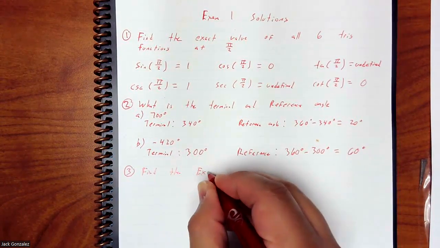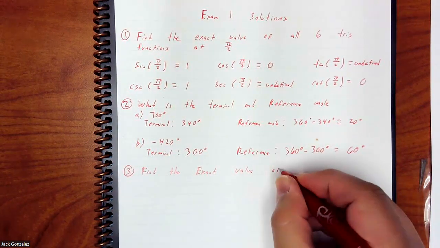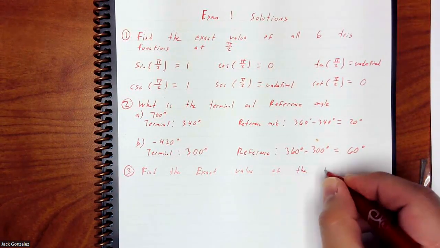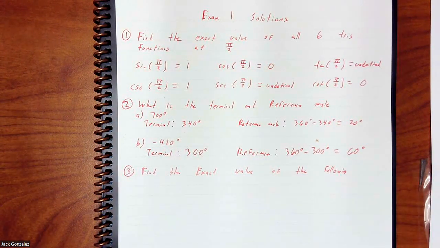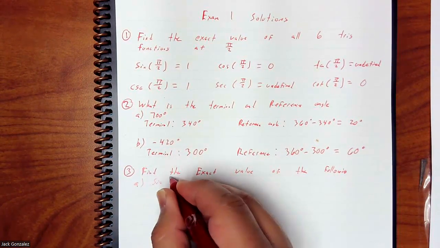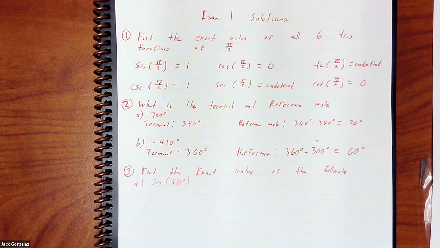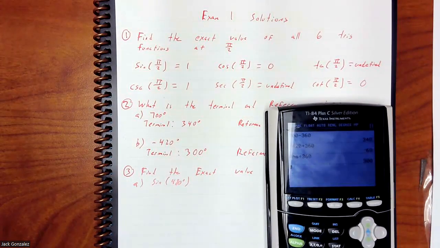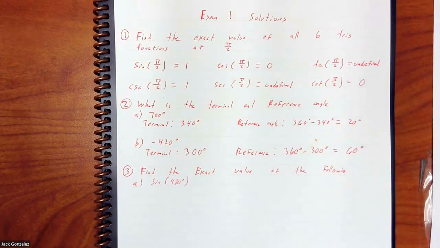Find the exact value of the following. Part A, sine of 480 degrees. So we got to find the coterminal angle and then find it on the circle. 480 minus 360, 120.